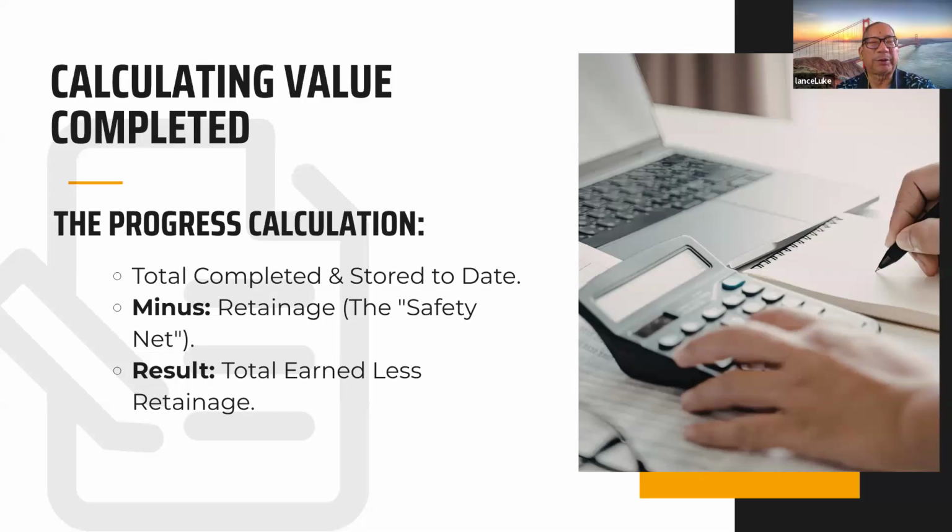The reason for that is you need some money in the kitty so that you don't pay the contractor 100% and there's no money left over for the contractor to come back and fix things. Also, the stored to date is if the contractor buys materials and stores it on the job site, he's entitled to bill for those materials that are stored.